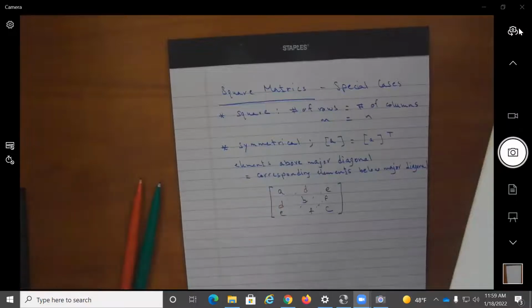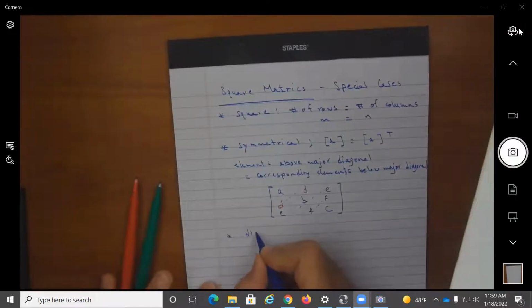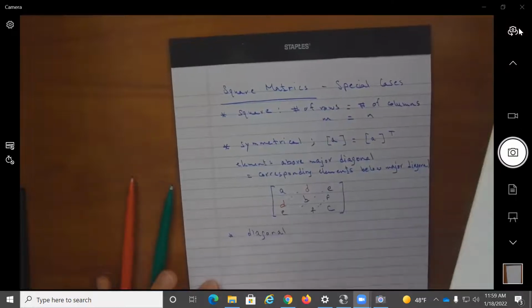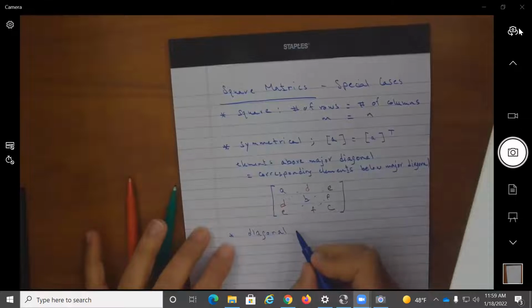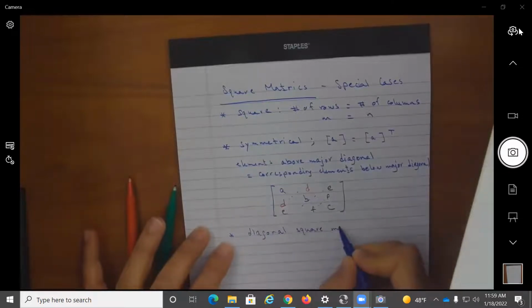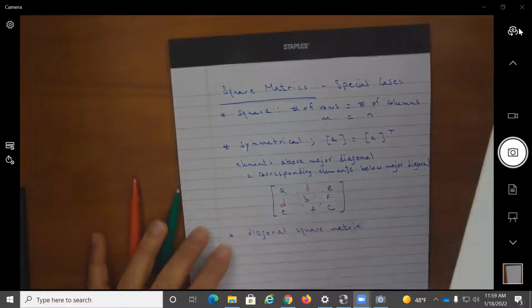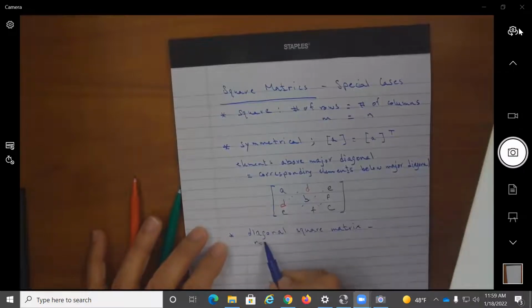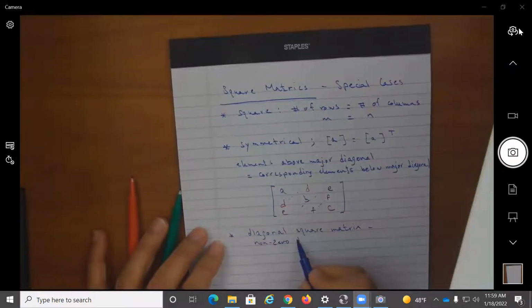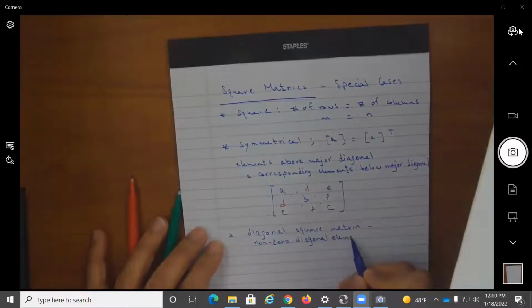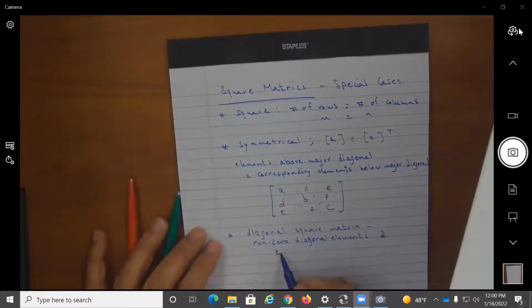Okay, another special case would be a diagonal square matrix. In this case, we're going to have non-zero diagonal elements and zero elements elsewhere.